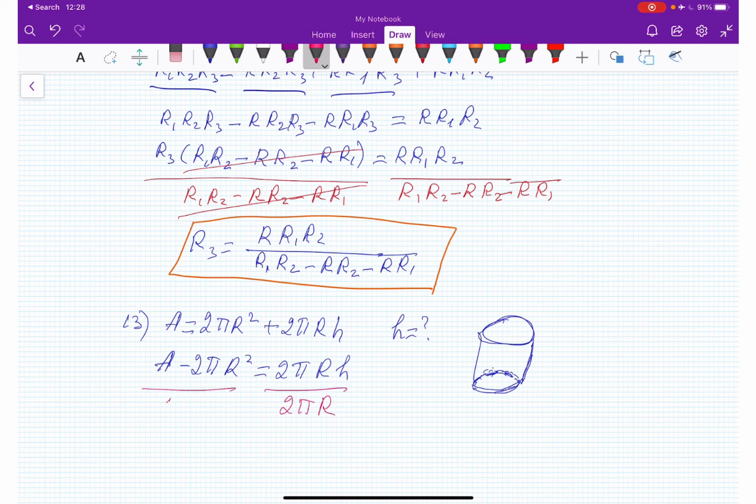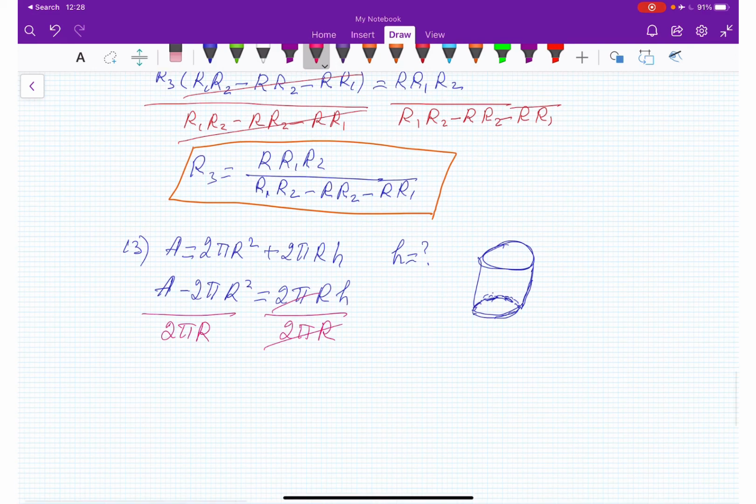So dividing here by 2 pi r, this is gone, and I'm getting h is equal to A minus 2 pi r squared over 2 pi r. And this is what we have.